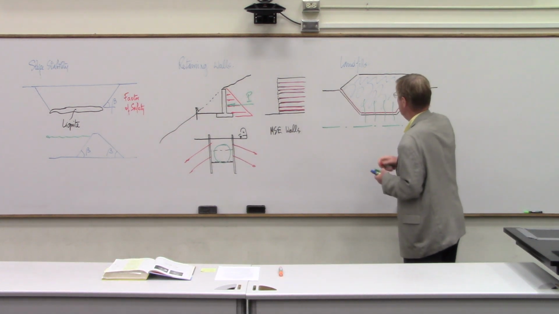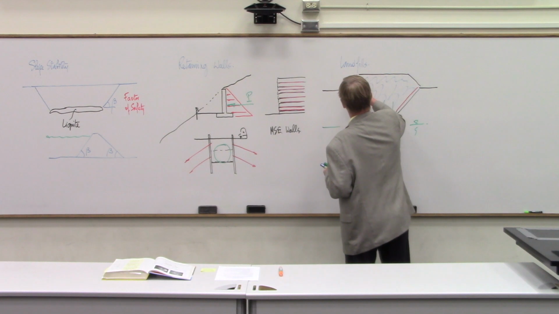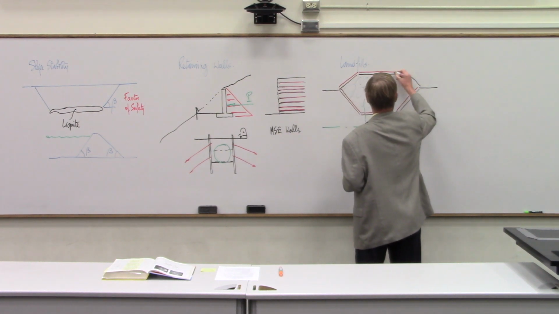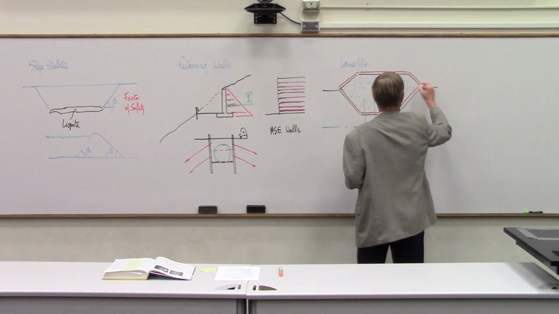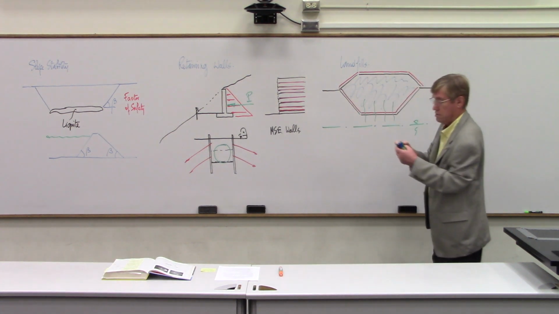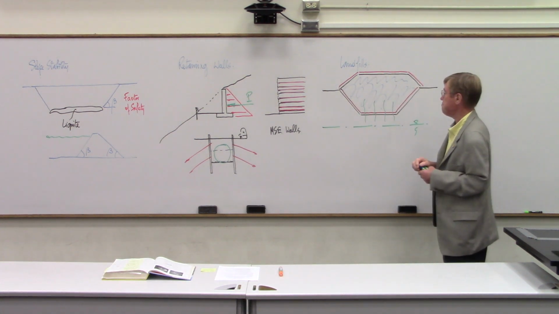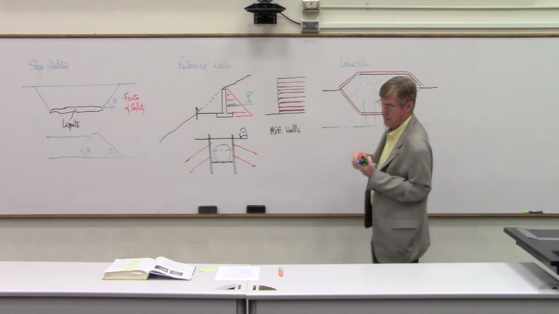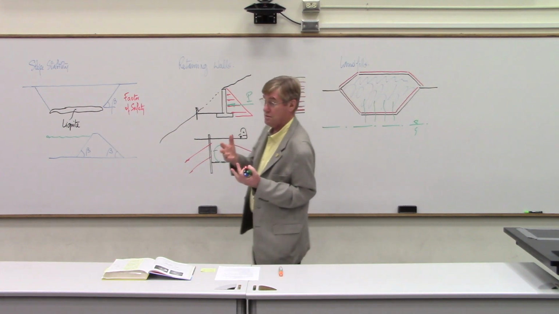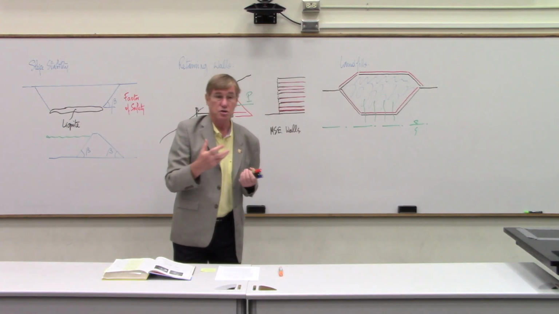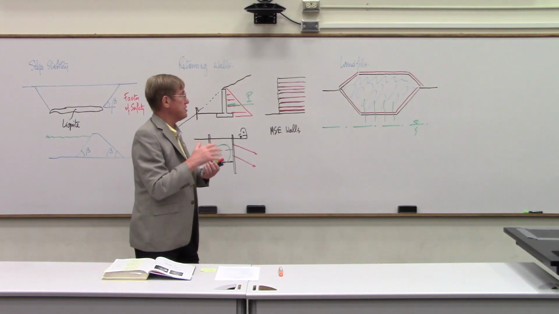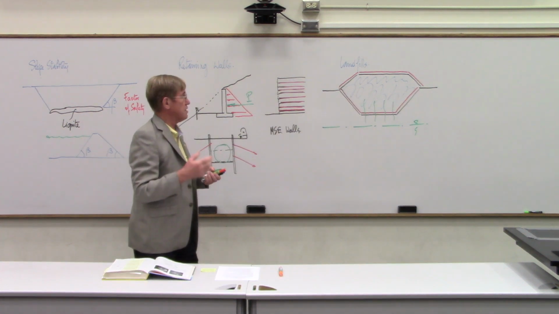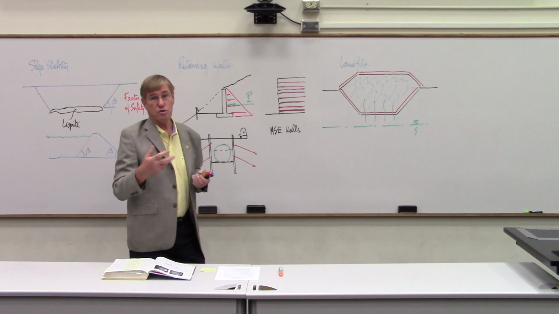So we actually put a liner on top of the landfill. We cap it so that we enclose this area. And this liner is made of geosynthetics and clays. The idea is to make sure that the permeability of these liners is very low, so that very little water goes through it.